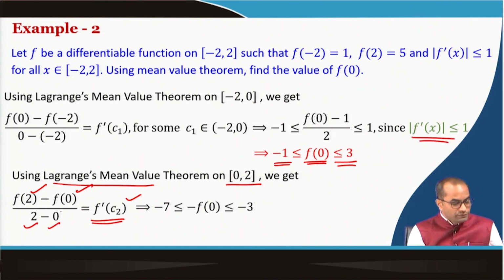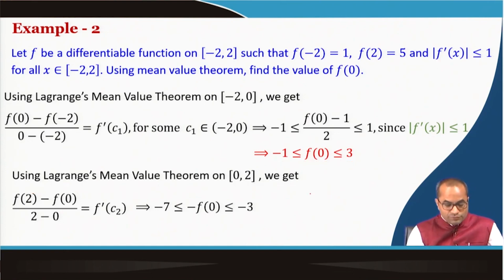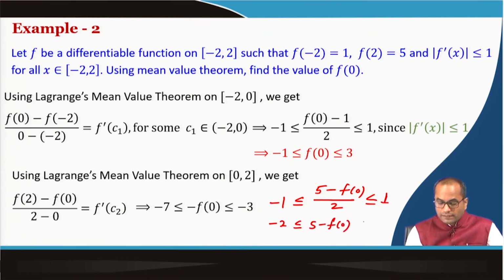Here f of 2 is 5, so 5 minus f of 0, which is not known, divided by 2, is greater than -1 and less than 1. So, this is -2 less than 5 minus f of 0, less than 2.